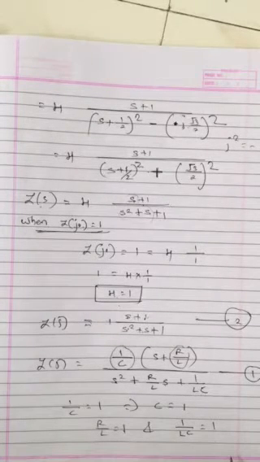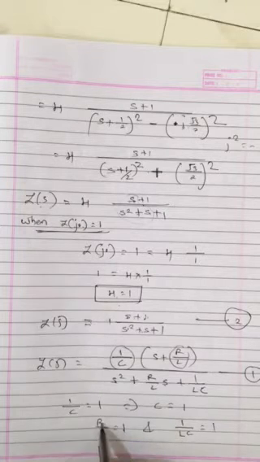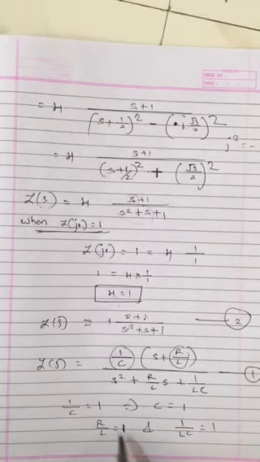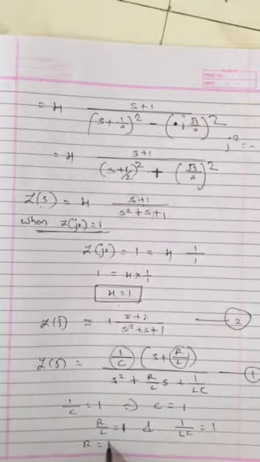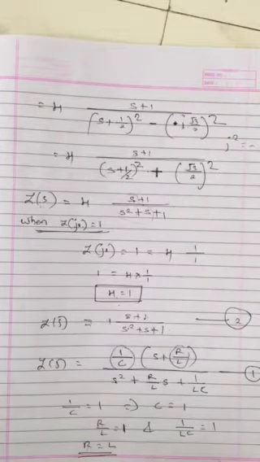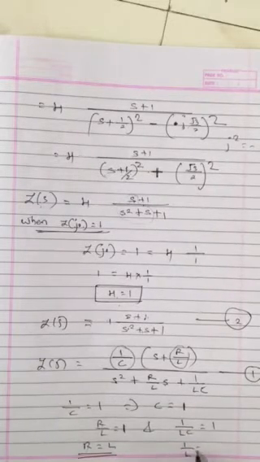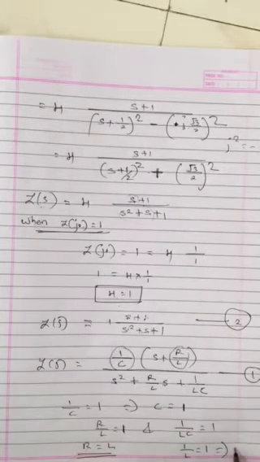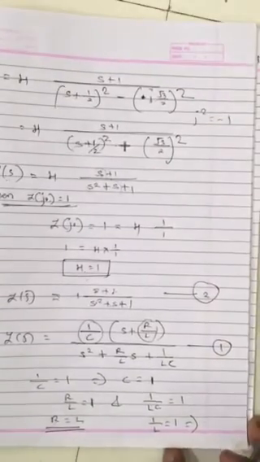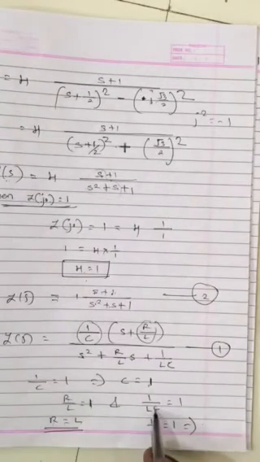So from here you can find out L equal to R, right? R by L equal to 1, so I can say R equal to L. And here also it will become 1 by LC equal to 1. C is 1 already, so I have put C as 1 here.